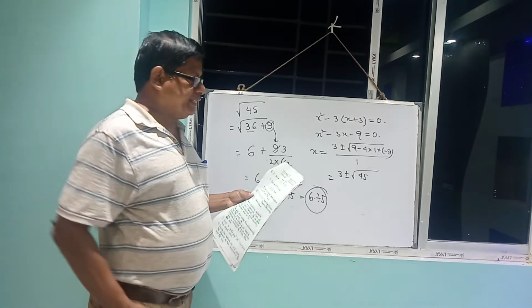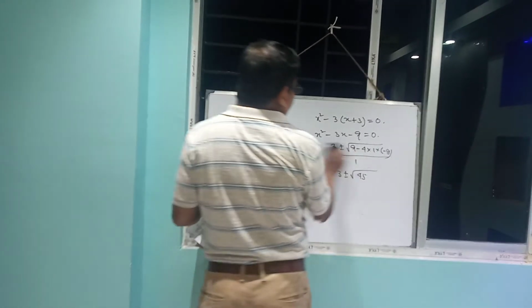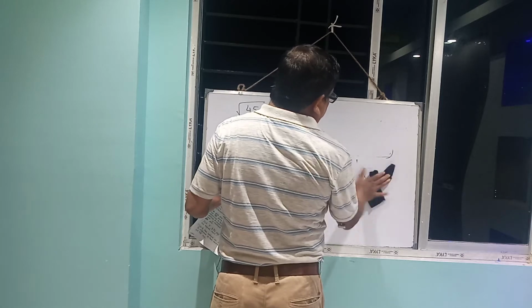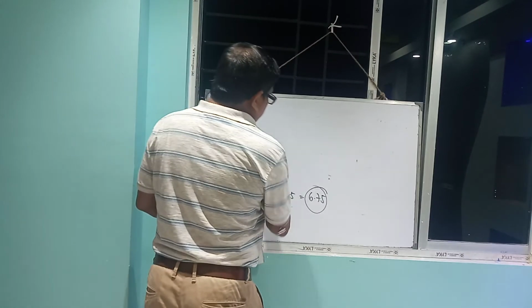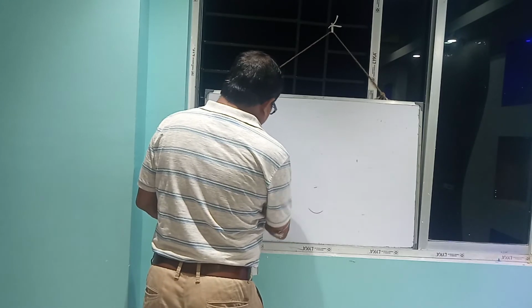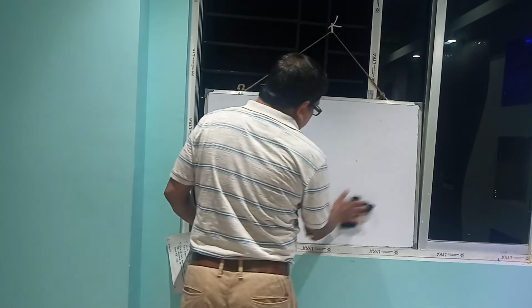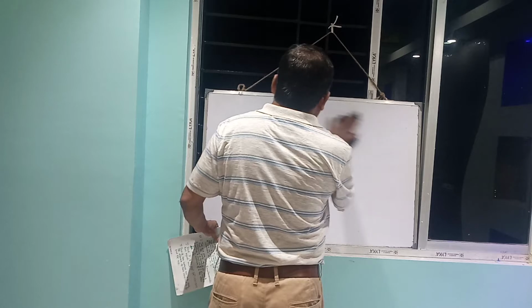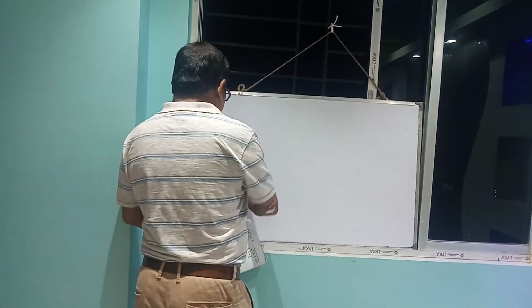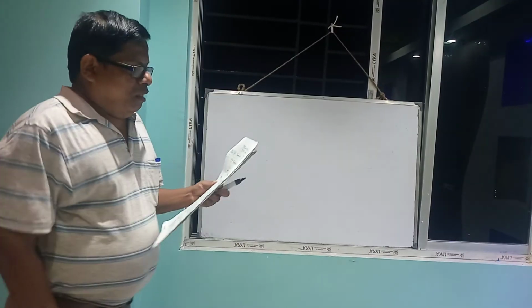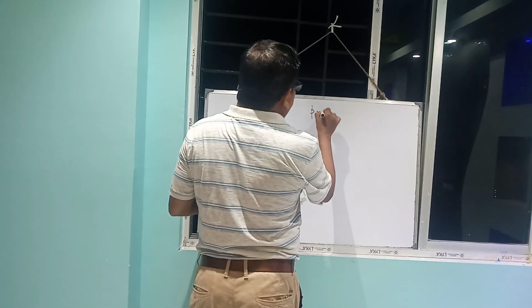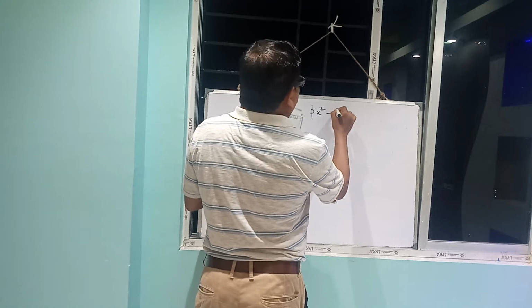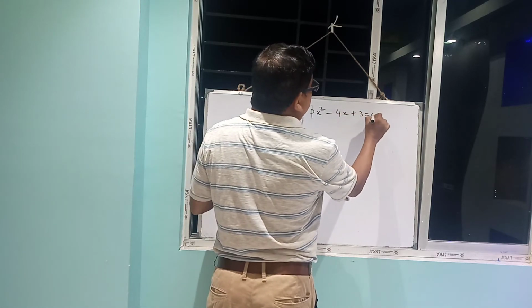Next one. Again, suppose px square minus 4x plus 3 equal to 0.